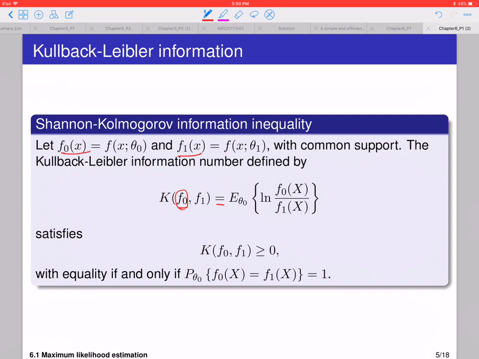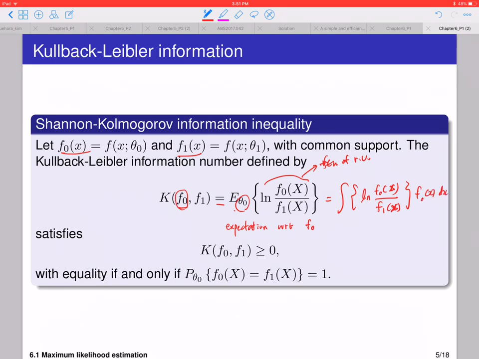What is this notation? This is basically an expectation with respect to f0, of a log, which is a function of the random variable, with the density function evaluated at f0.